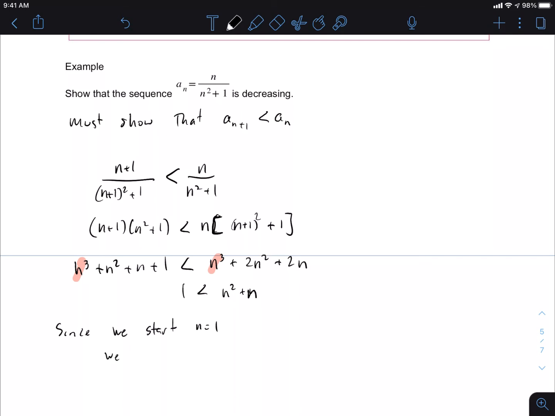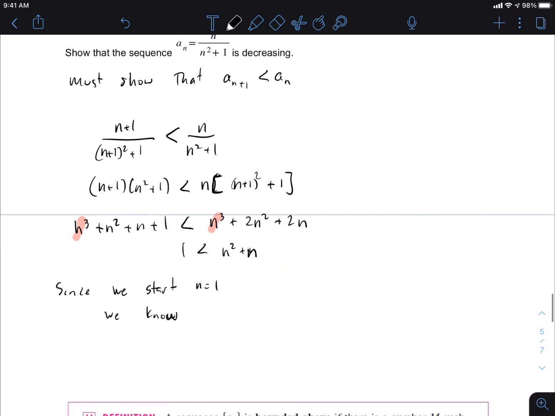So that tells us that, and that's the smallest one, so anything bigger than that, it's going to also be true. That means that we know that n squared plus n is greater than 1 is absolutely true. And since that's true, that will imply that a sub n plus 1 is less than a sub n. So the sequence that we're given is going to be decreasing.